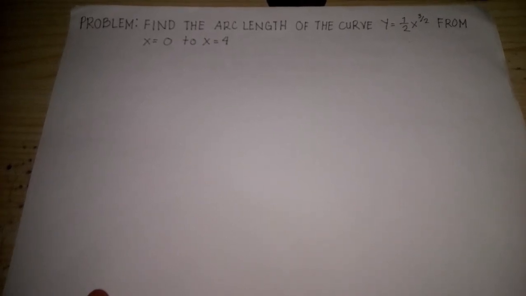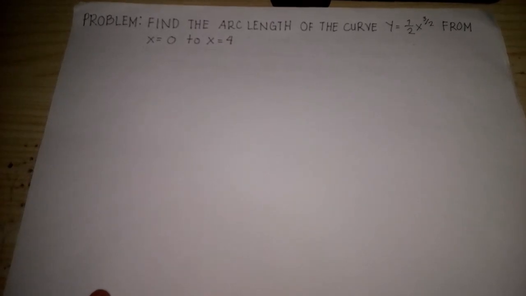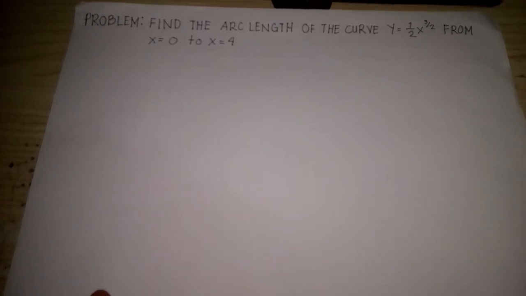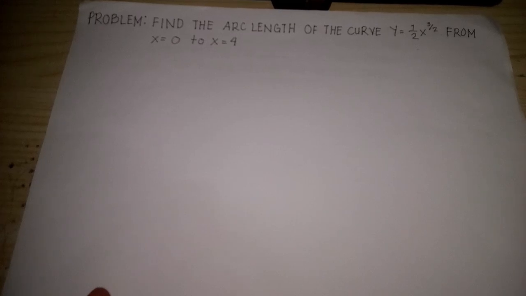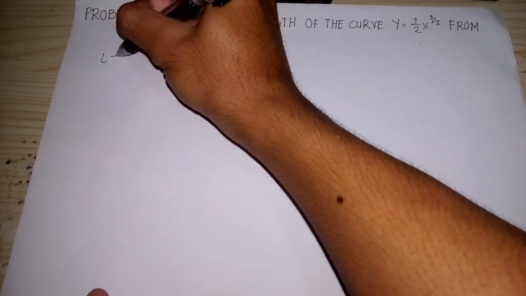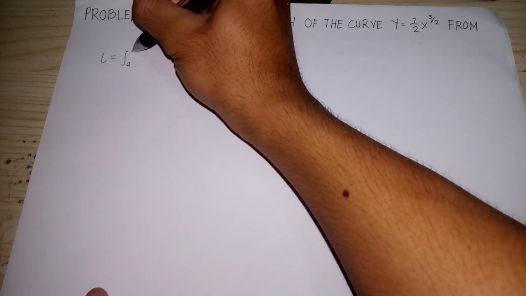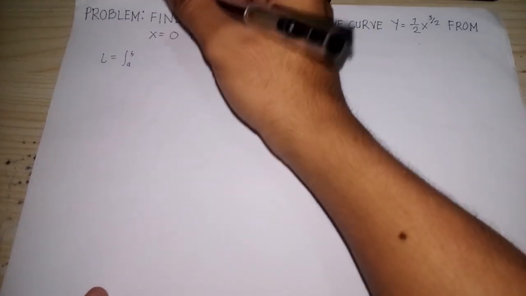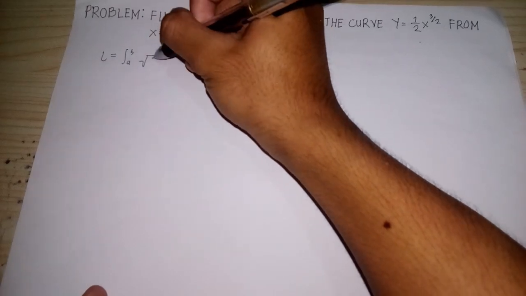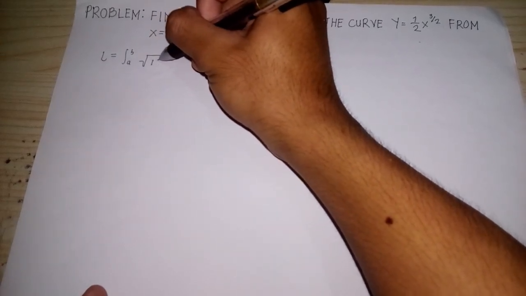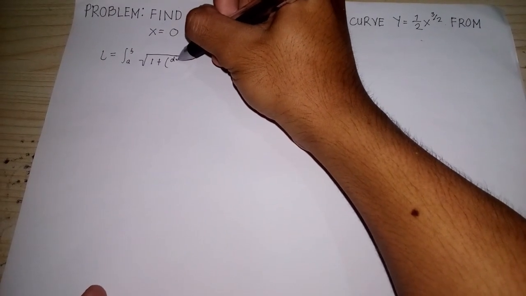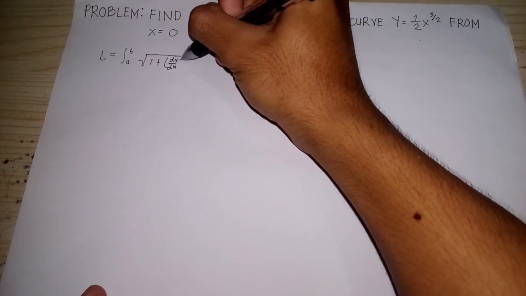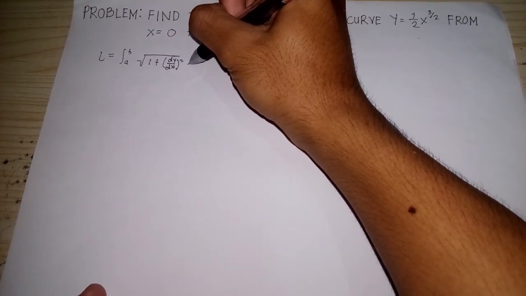So the thing we should do first is, of course, identify our formula. Our formula for length of curve is L is equal to the integral from a to b of the square root of 1 plus dy over dx squared dx.